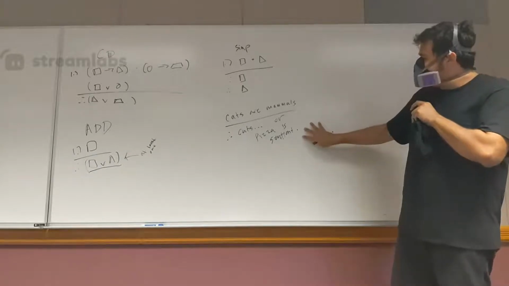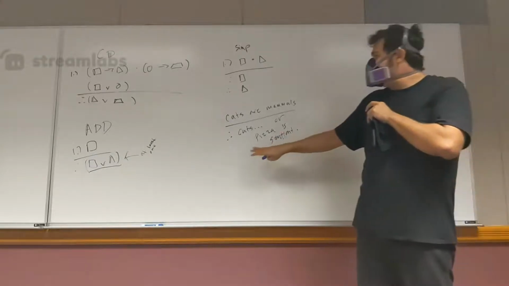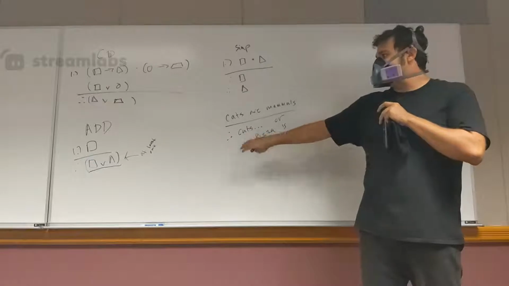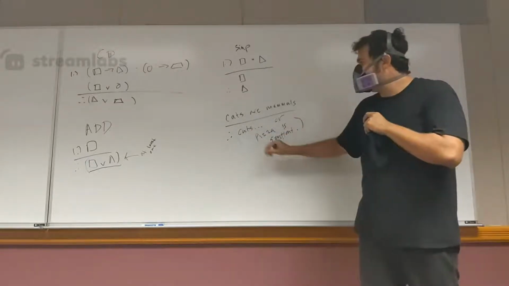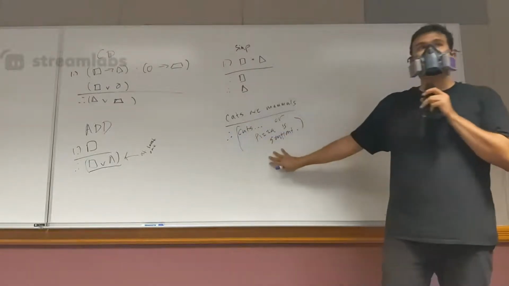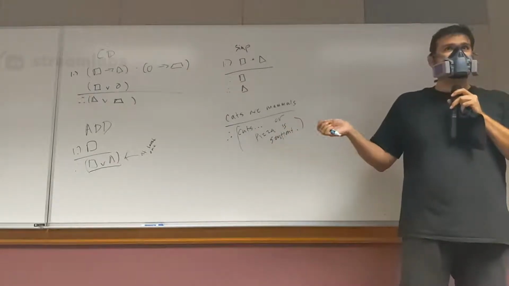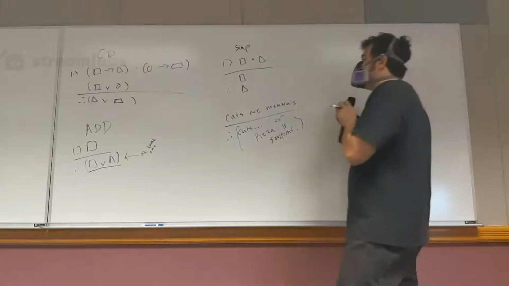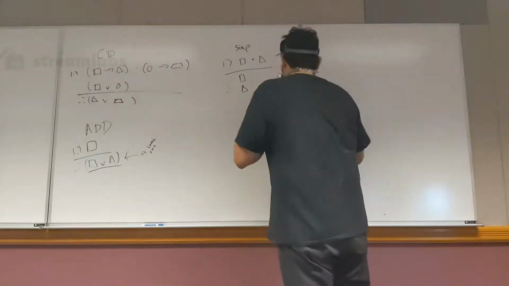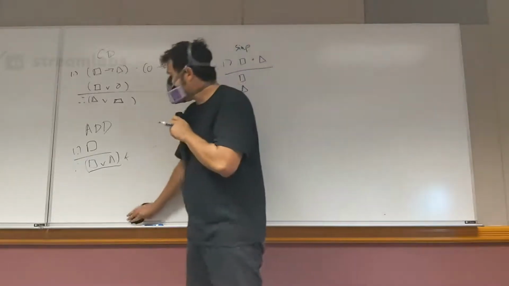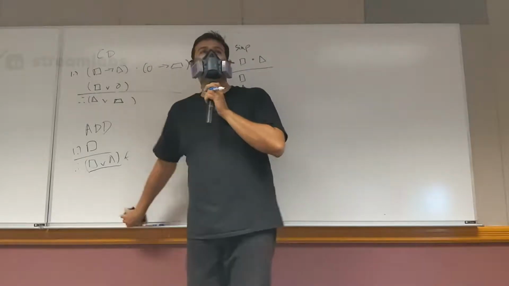I'd be guilty of genocide. But we know cats are mammals, so even though this statement itself is ridiculous, it's technically true. Does that make sense? Okay. Remember, the or is an extremely weak operator. It does not say very much. Questions, comments, anything about the rules?